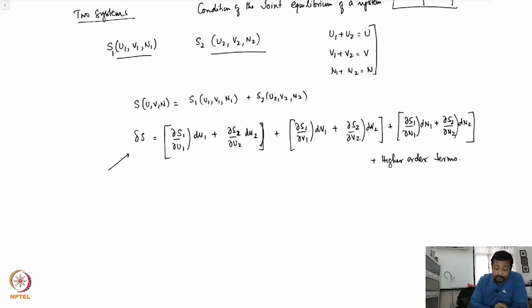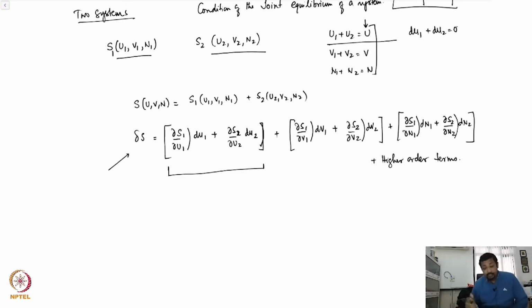So this means the left hand side is 0. Now let's look at this term. Since U is fixed, it means that dU1 plus dU2 is going to be 0.